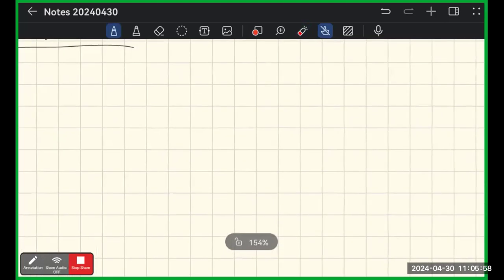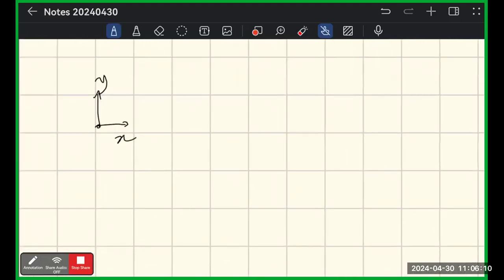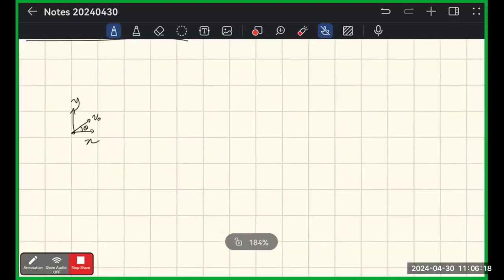So how do you get parabolic motion? Let's say we have this coordinate x and y, and a thing is projected, just thrown at an initial velocity v naught with an angle theta, and we have a gravitational acceleration downward. Obviously, this particle will follow this parabolic path, right?